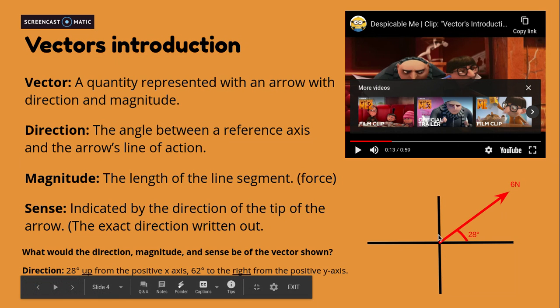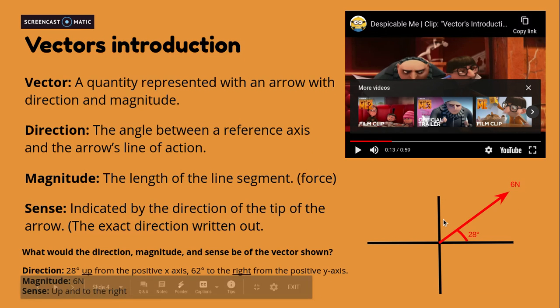This is the positive x, this is the negative x, this is the positive y, and then this is the negative y. They all come together at this point 0, 0. And then, so it's 28 degrees up from the positive x-axis and 62 degrees right from the positive y-axis.